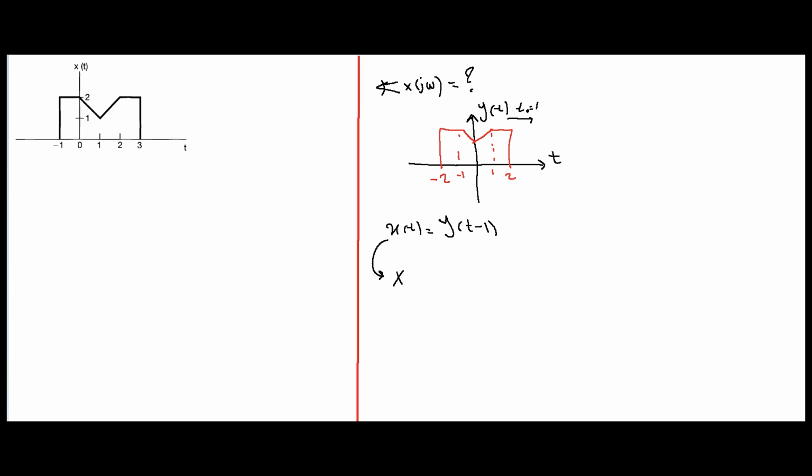In the Fourier transform domain, x(t) becomes X(jω), but to find the Fourier transform of y(t-1), we need to use the time shifting property.